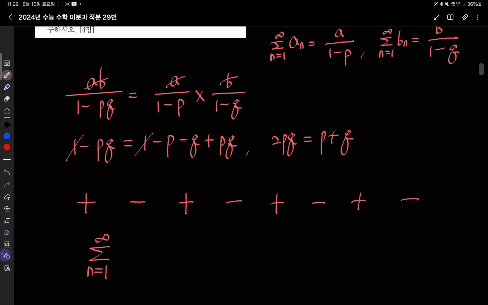So the series of even terms in sequence A, the first term is absolute value. Because the even terms are all negative, if we open the absolute value, the negative sign comes out. So the second term is AP, and the ratio is P squared.